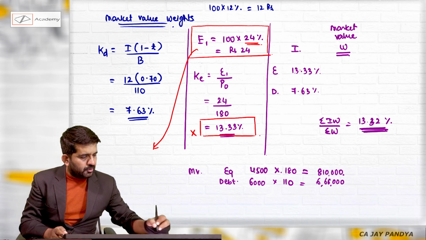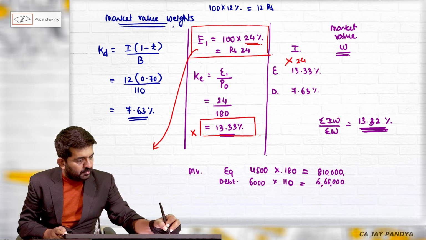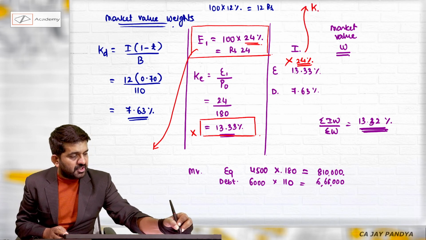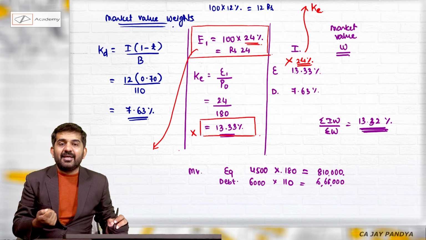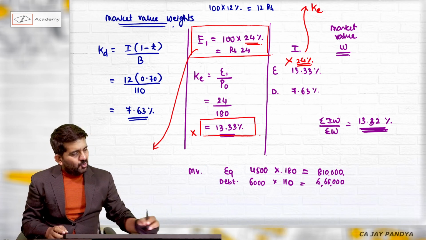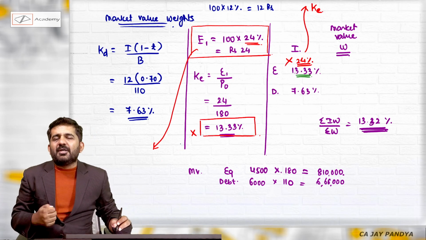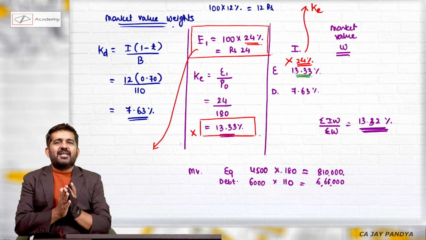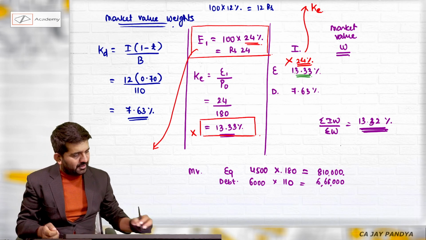Then sir, what should be taken? Instead of 13.33%, we should have taken 24%, which is directly given in the question, which is the required rate of return of equity shareholders. That is nothing but KE. But I have solved this with 13.33% just because I feel it is matching with the suggested answer, and students get more comfortable when the answers they are getting are also written in the suggested.